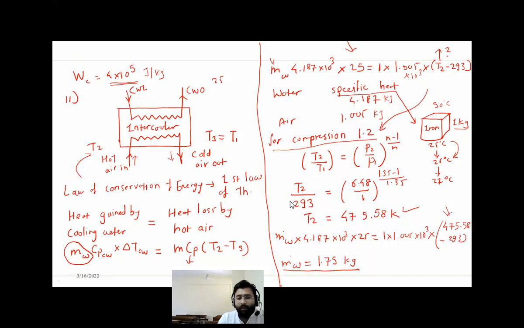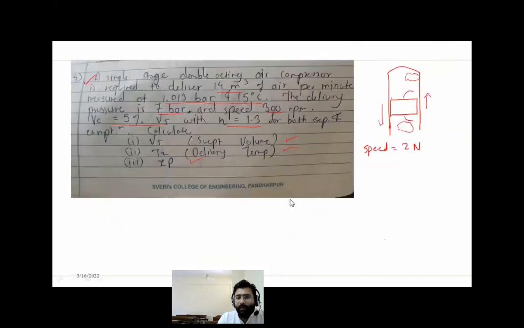Okay. So we'll solve another example. Let us see how many of you are able to solve this.